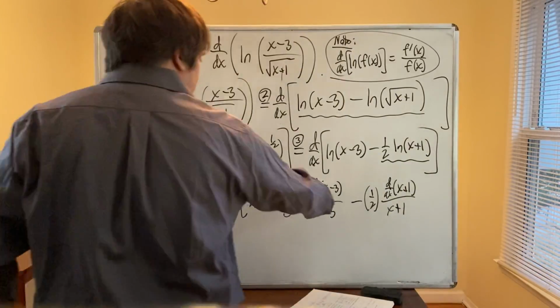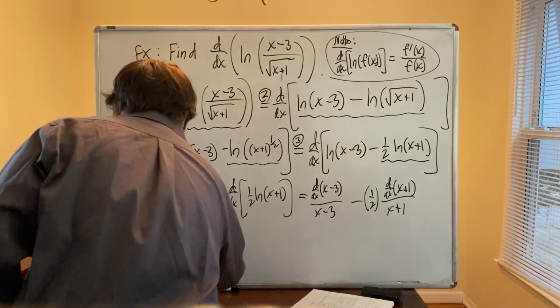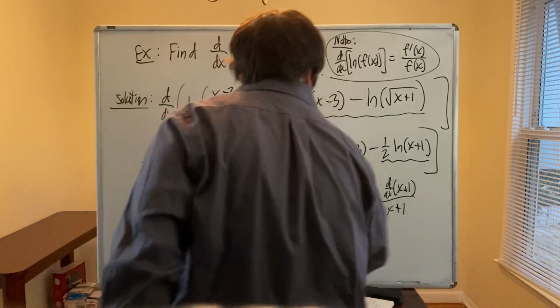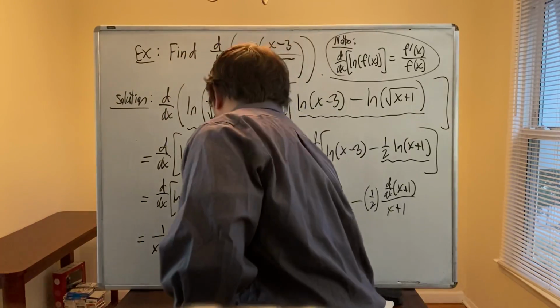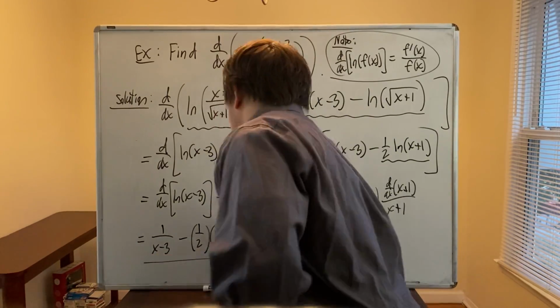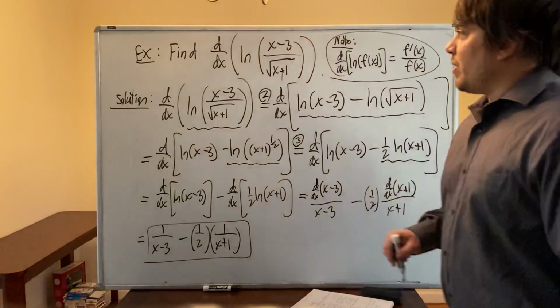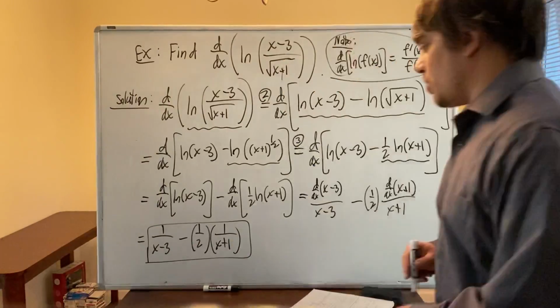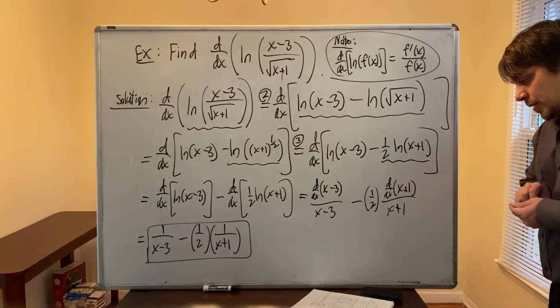And what is the derivative of x minus 3? It's 1. So this is 1 over x minus 3 minus 1/2 times the derivative of x plus 1, which is 1 over x plus 1. And that's it. So the derivative of ln of x minus 3 over the square root of x plus 1 is 1 over x minus 3 minus 1/2 times 1 over x plus 1.